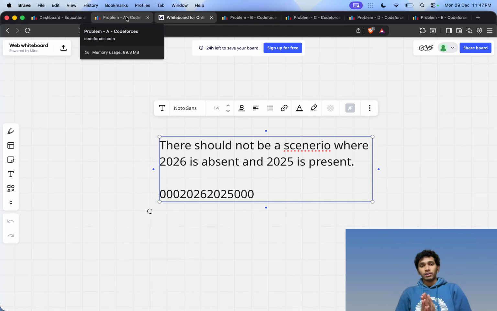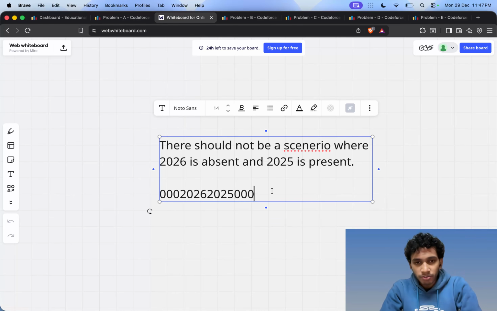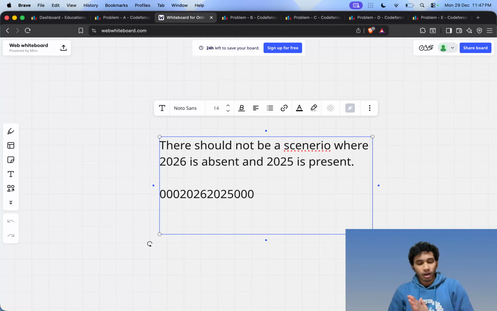Okay, so what is the condition now? The problem is reduced to finding a non-New Year string. We are given a string. Find if it is a New Year string or a non-New Year string. If it is a New Year string, print 0 because no operation is required. If it is not a New Year string, then one operation is required. That is convert 2025 to 2026 by replacing 5 with 6.